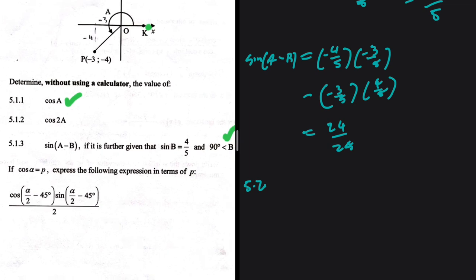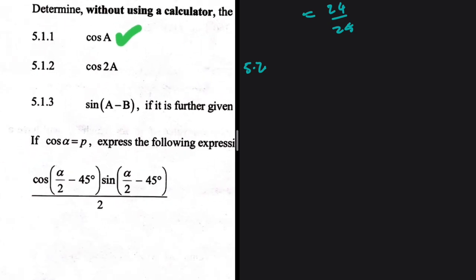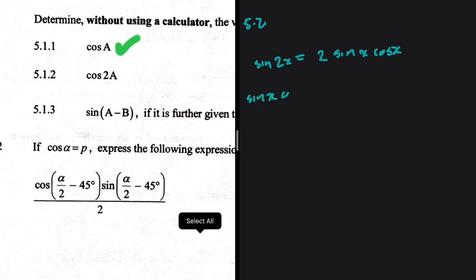So if cos of alpha is equal to p, express the following in terms of p. Yeah, we have that expression there, right? But let me just show you something. Let's slow down a bit. Okay, we know that sine of 2x is equal to 2 sine of x cos of x. So from this, it should be easy to see that sine of x cos of x is equal to sine of 2x over 2.